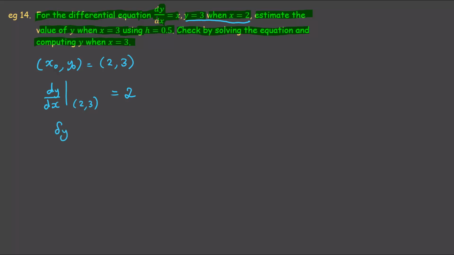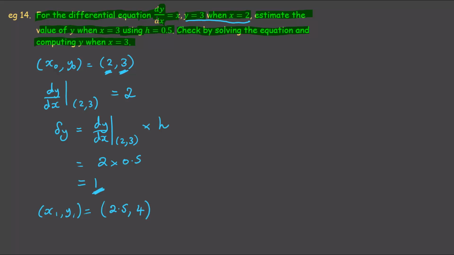Then our delta y is dy/dx evaluated at (2, 3) multiplied by h, which is 2 times 0.5, giving us 1. That means that our next point, x1, y1, is 2 plus h, which is 2.5, and 3 plus 1, which is 4.